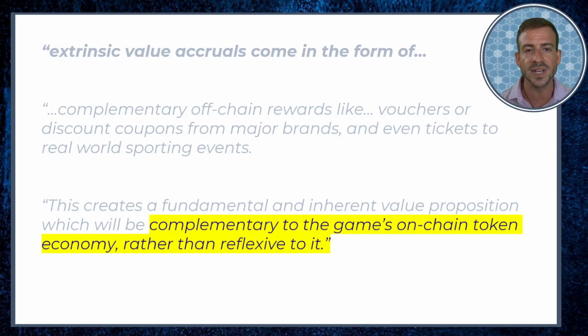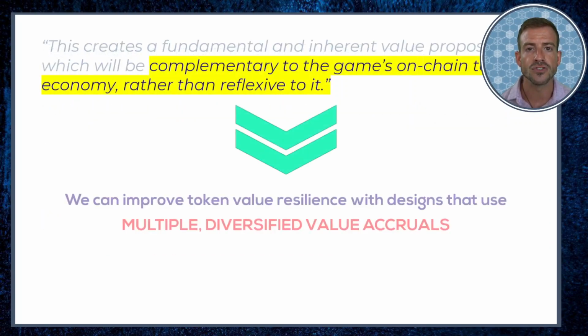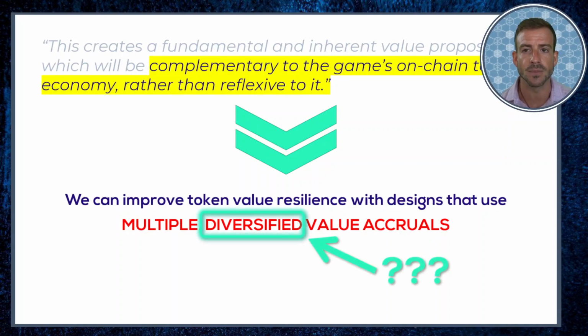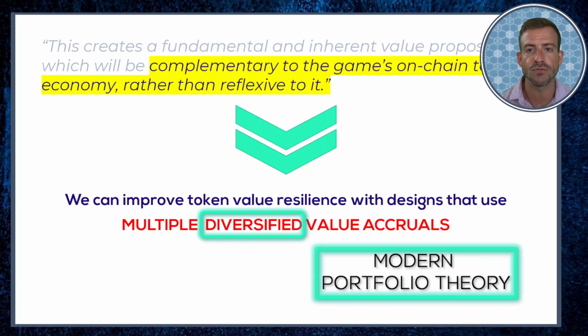So I would like to restate this recommendation in the following way. We can improve token value resilience with designs that use multiple diversified value accruals. Hopefully the statement offers some intuitive resonance to you already, but what exactly do we mean by diversified here? We can answer that in a clear and specific way by taking a look at ideas that were brought together in modern portfolio theory.